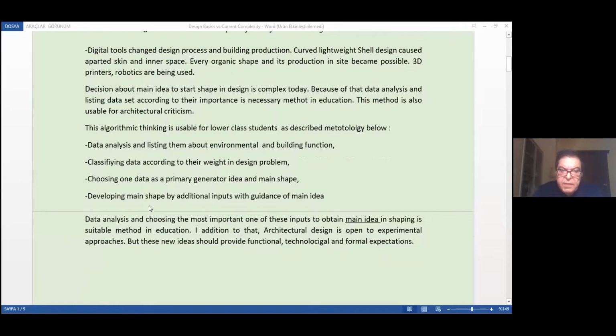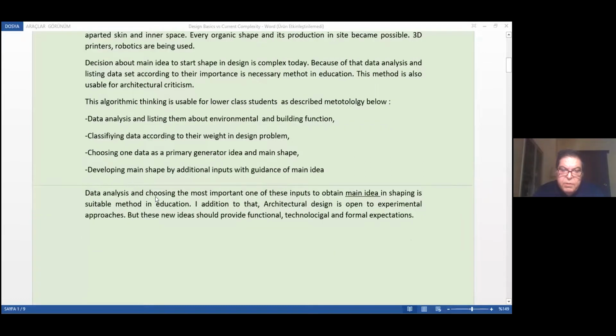Data analyzing and choosing the most important one of these inputs to obtain the main idea in shaping is a suitable method in education, especially in lower classes of undergraduate education.